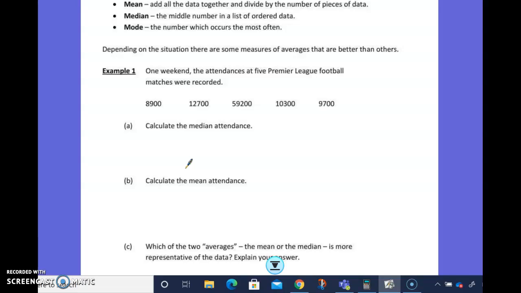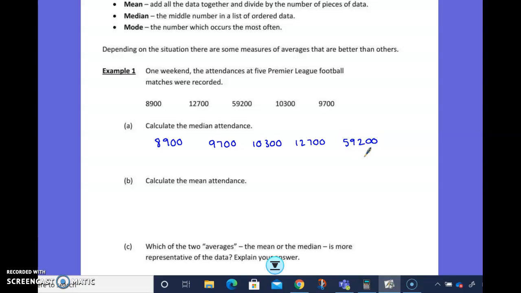So we need to put our numbers into an ordered list. So the smallest number here is 8,900. So we start with 8,900, then go to 9,700, 10,300, 12,700 and 59,200.